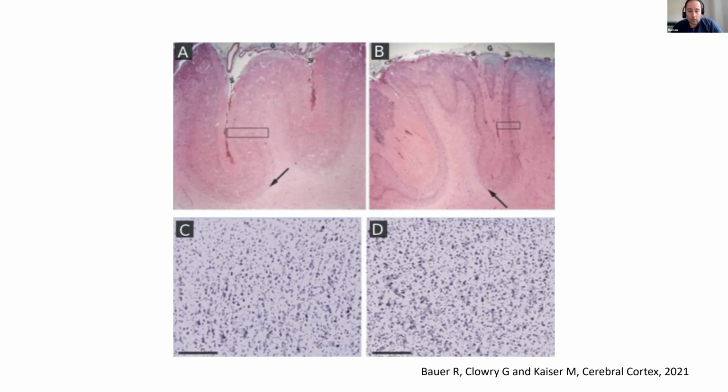Another aspect that we looked at is autism spectrum disorders, and one of the features of autism spectrum disorders is that there is some different arrangement, spatial arrangement of cell types. You can see here that this spatial arrangement here appears less ordered than here.